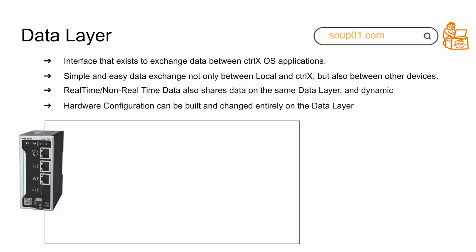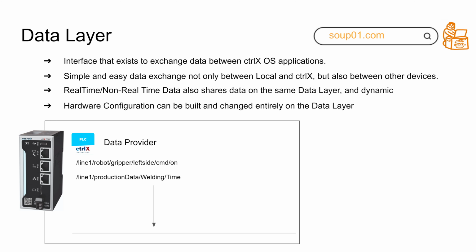So here is a very simple structure. If, for example, I have a ctrlX in here, then inside my ctrlX, I have a PLC app. I have some data I would like to provide to other apps. So this time, I call my app a data provider. All the data will be published with the data layer, and then in the local environment, I can get all the data with the data layer.